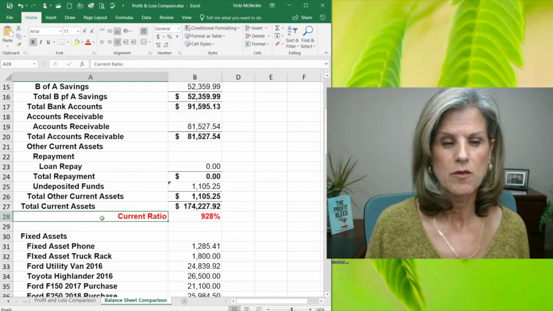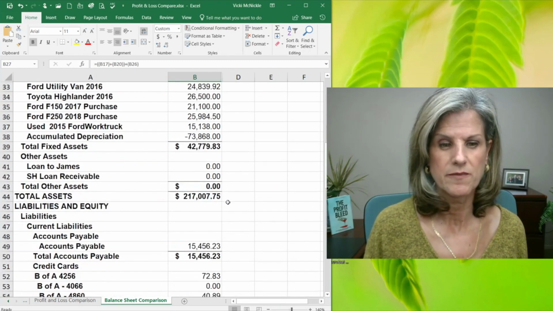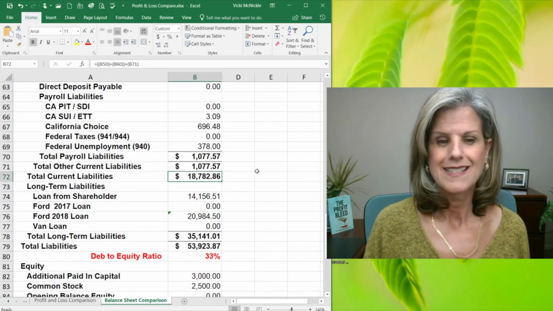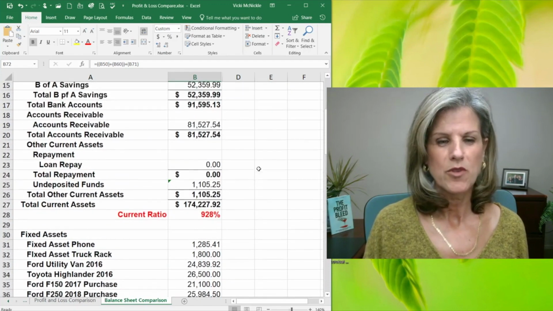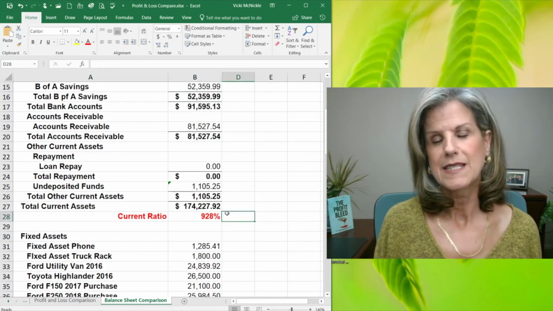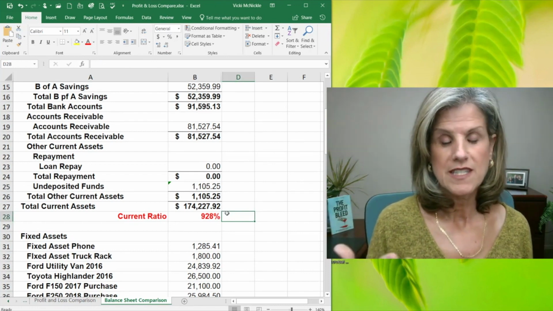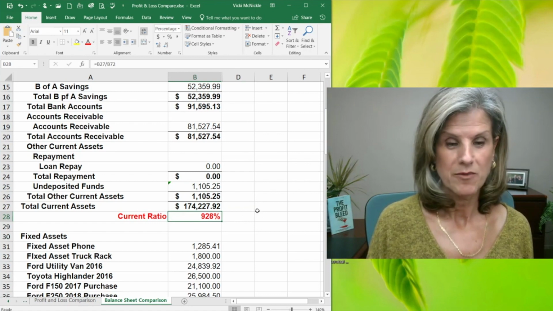So let's look at these numbers here. In this example, current assets is $174,000. And if I scroll down, current liabilities is $18,000. And so what's the number that you want that to be? You want it to be at least a 2-to-1 ratio. Now you can see from this it's like 9.28.